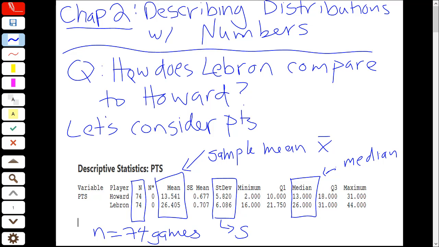The final piece of information here is the minimum, first quartile, median, third quartile, and maximum. Together, this is a 5-number summary. So that is a pretty thorough numerical description of the points LeBron and Dwight Howard scored. What I want to go through now is how to calculate all these things and interpret them.